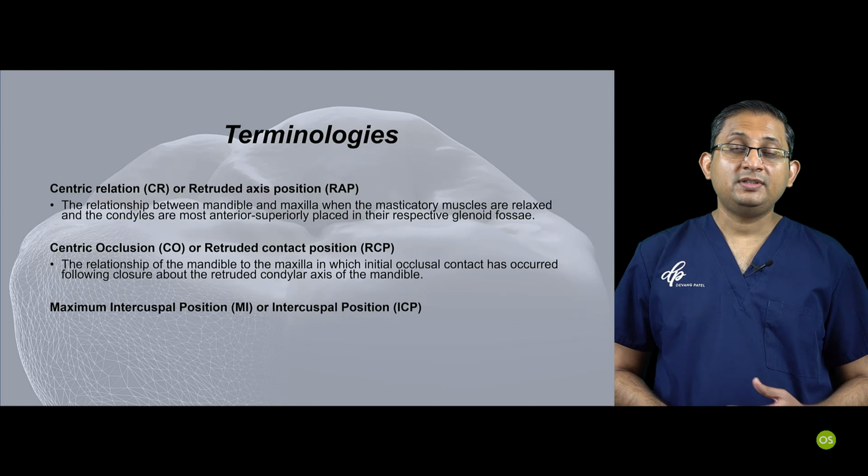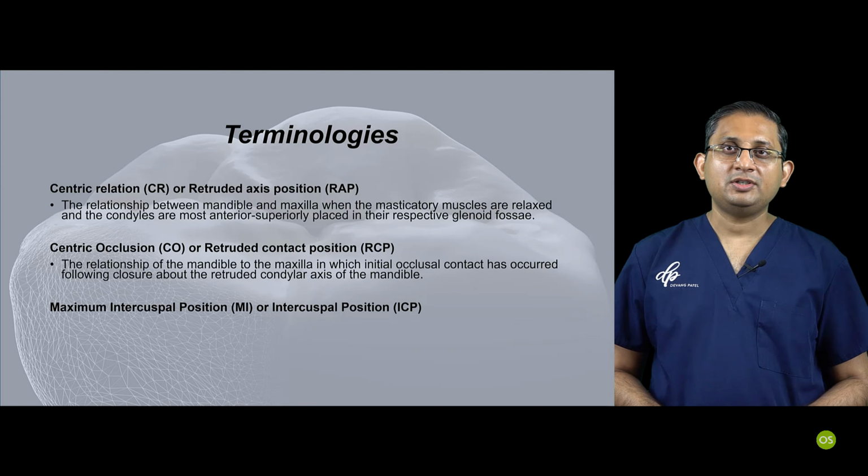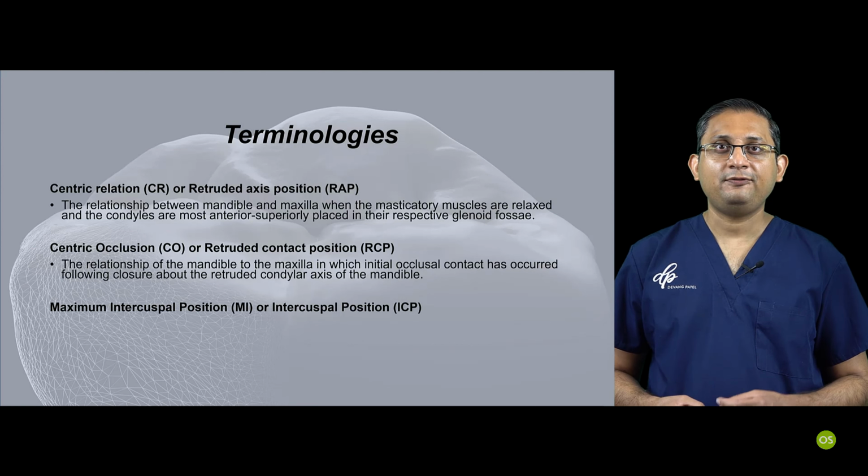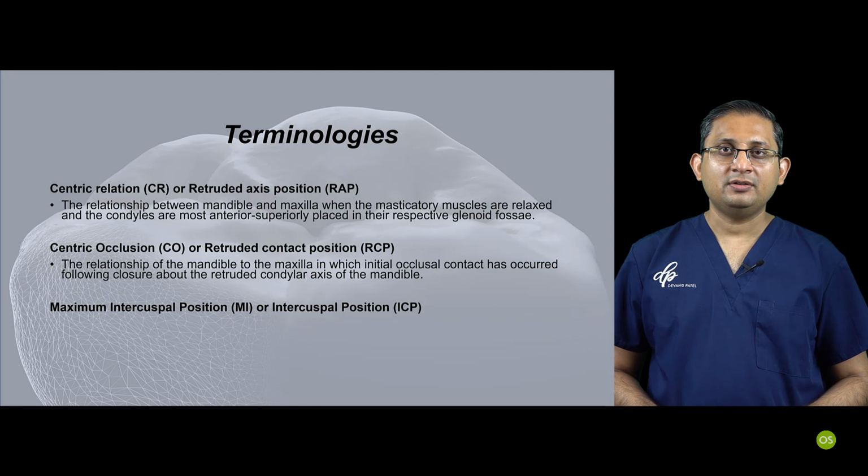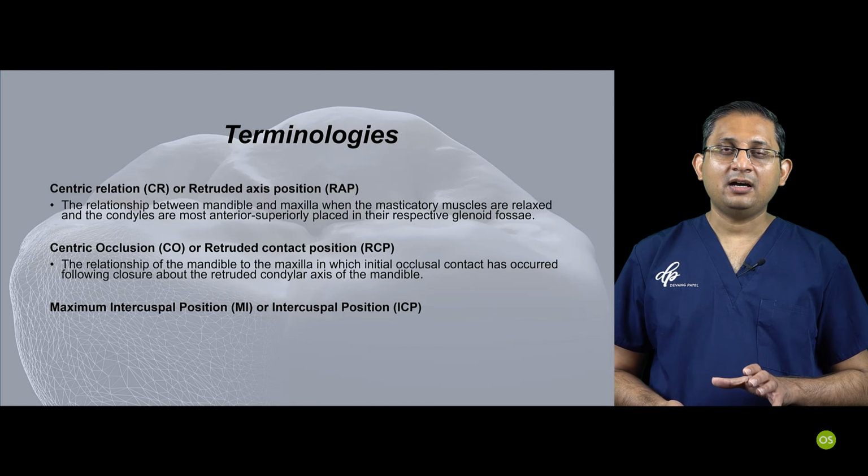The CO, this is a very important terminology because many times people get confused between CR and CO. CO is centric occlusion. However, it's not an occlusion, it's a contact point, but it's called occlusion. When your jaw is in CR, as we discussed, it's non-contacting, it's not contacting teeth.